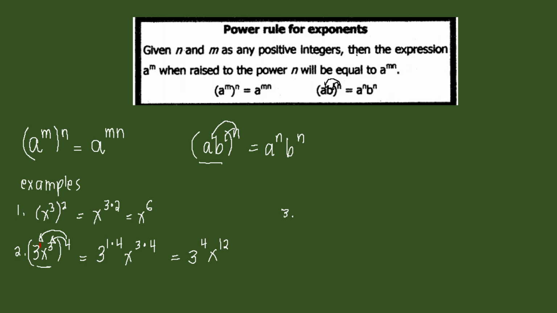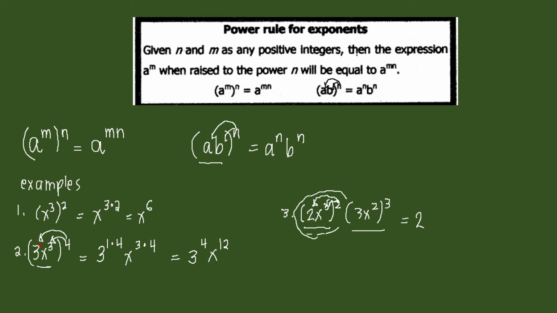Next, let's have another. We have 2x cubed, squared, times 3x squared, cubed. So we're asked to simplify this one. So we have two expressions that are raised to an exponent. So let's do it one by one. Okay? Let us simplify this first, this part first. So 2, because I have to multiply 2 to all the exponents.